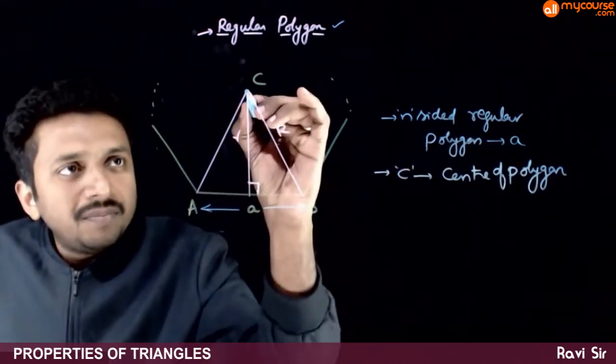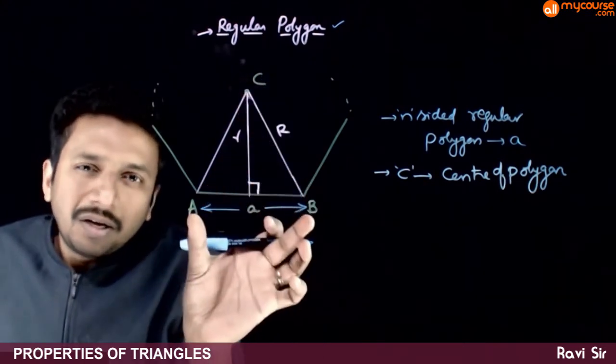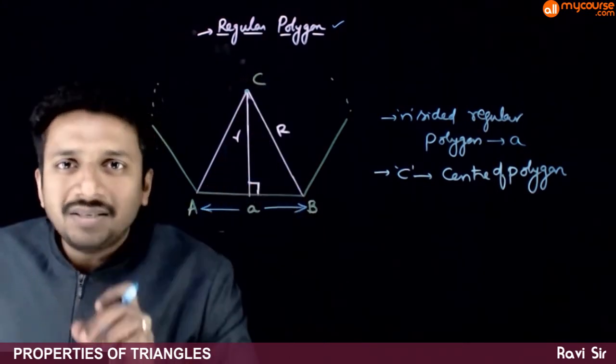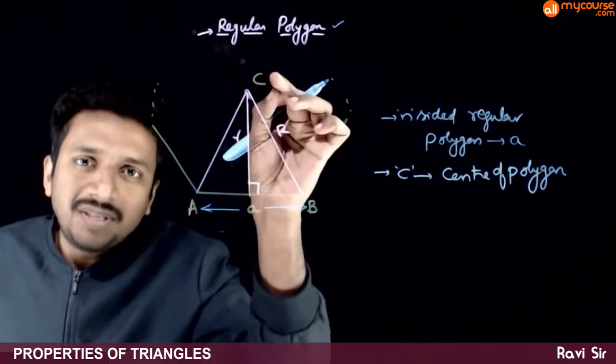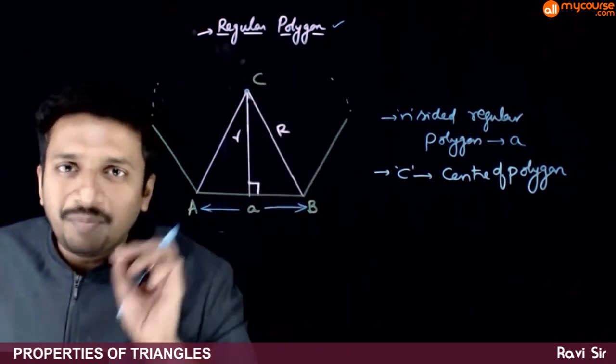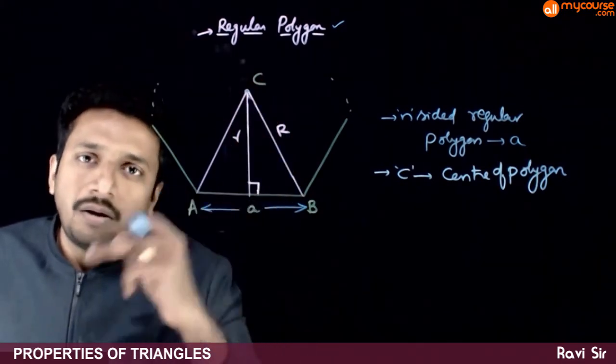Now from C, join any two adjacent vertices of the regular polygon, that is, join A and B, and also drop a perpendicular from C onto AB.